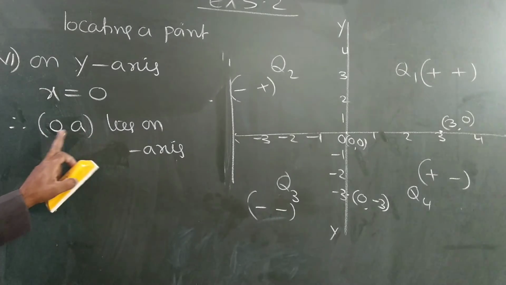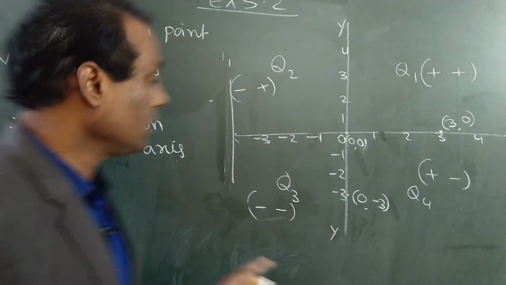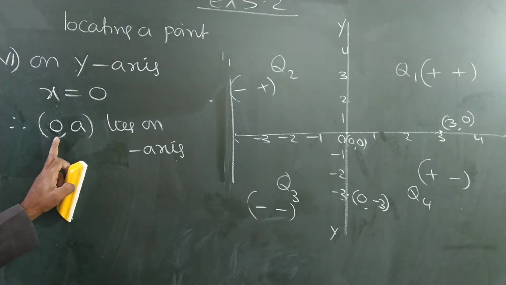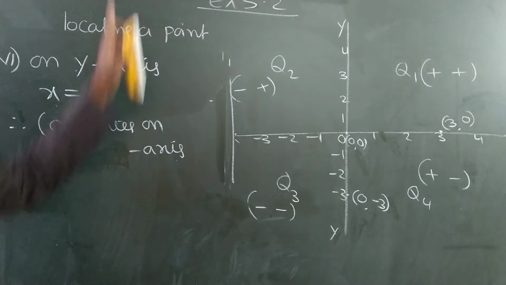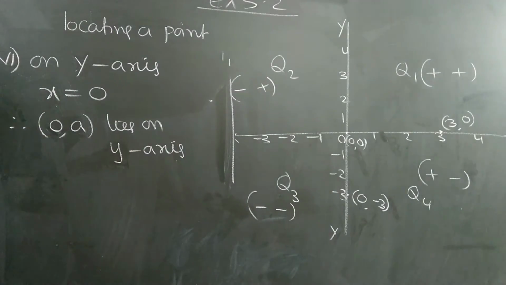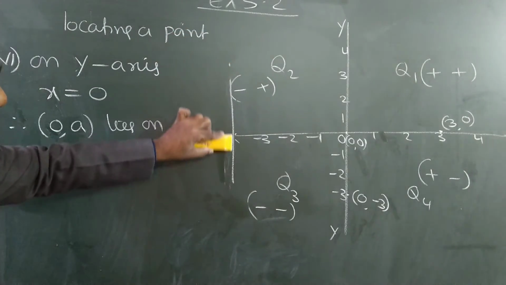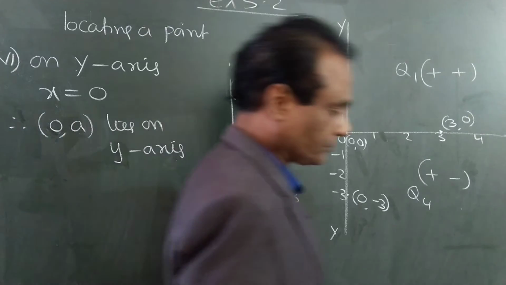You see, 0 means it will not lie in the first or second or third or fourth quadrant, because x value 0 is on the y-axis. X value 0 means on the y-axis.